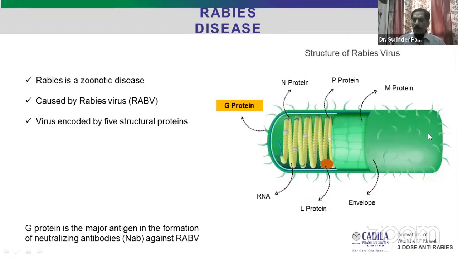And this is the envelope of the bullet-shaped virus. Here we are mainly concerned with the G protein, which is present on the surface of the rabies virus. The G protein is the major antigen in the formation of neutralizing antibodies against rabies virus. So we are mainly concerned with the G protein, from which Kerala Pharmaceutical has prepared the rabies vaccine.